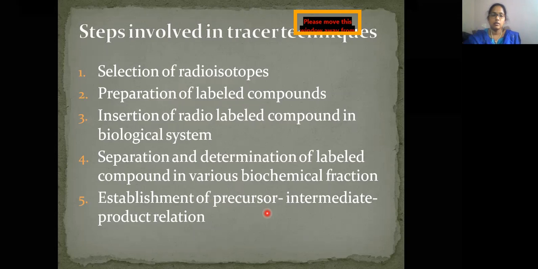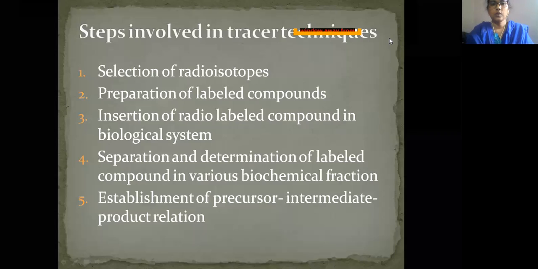In such cases we can choose the radioisotope. While selecting radioisotopes, we have C11, whose half-life is a few minutes, and C14, which is 6000 years, and hydrogen, which is around 12 years.